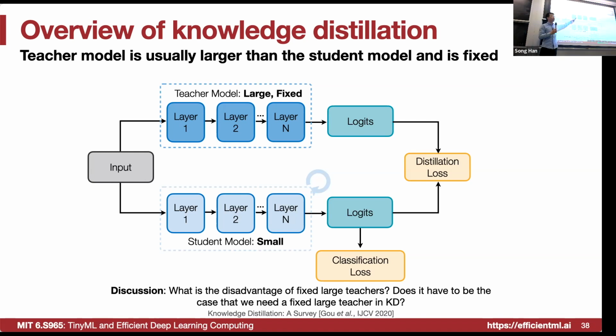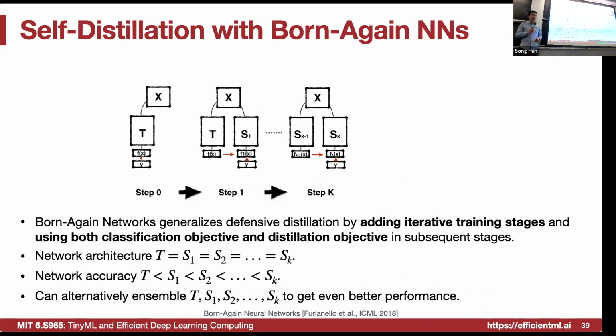First, we have to pay this training overhead. In order to produce a smaller model, we have to first train a much larger model. There's training overhead, and it also takes memory to store the logits, even if you do it online. So the goal is, can we just have the same architecture without having to train a much bigger model to begin with?